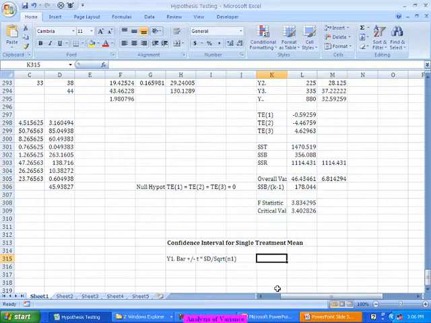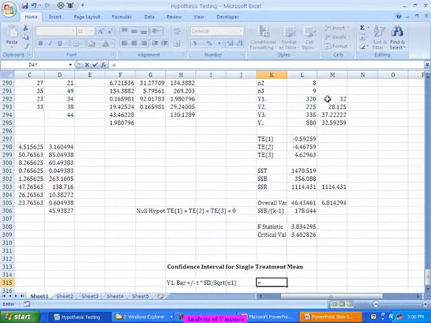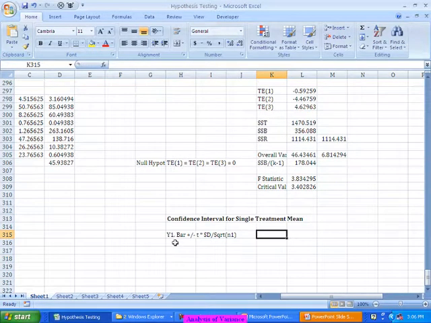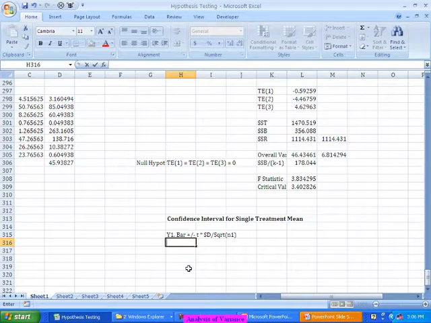So what do I find out here? For y1 bar, we need the t value corresponding to n minus k degrees of freedom.